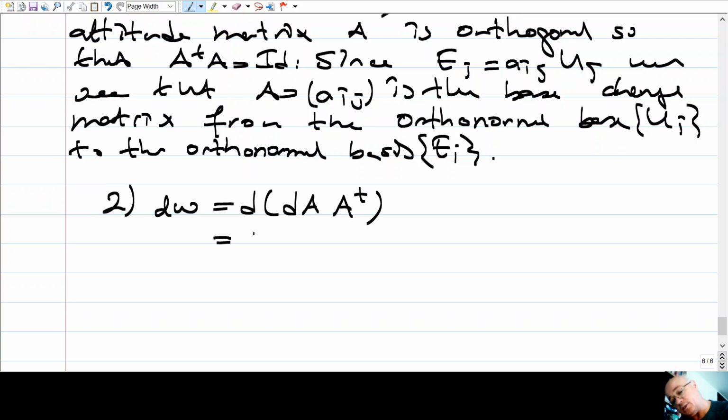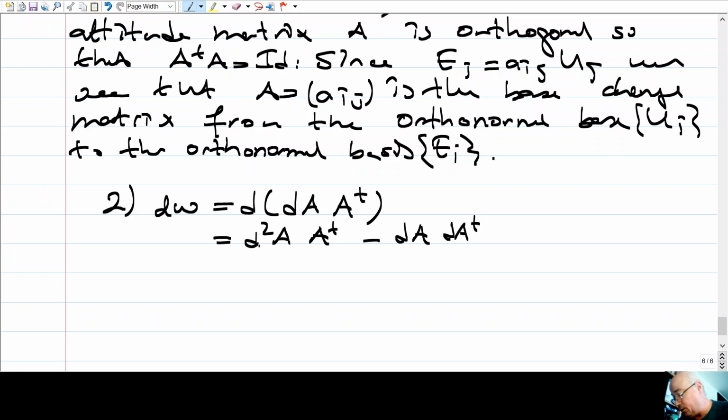So this is just d squared A, and then A transpose, minus dA and then dA transpose.